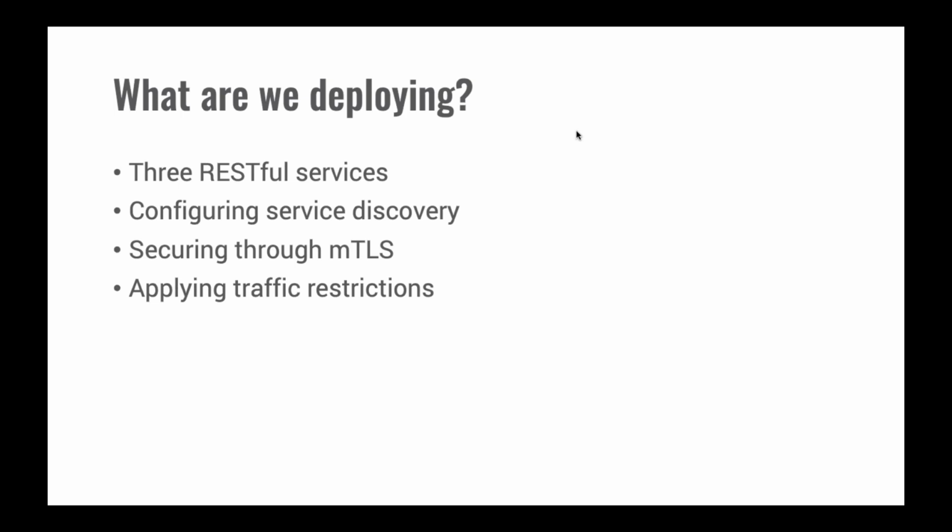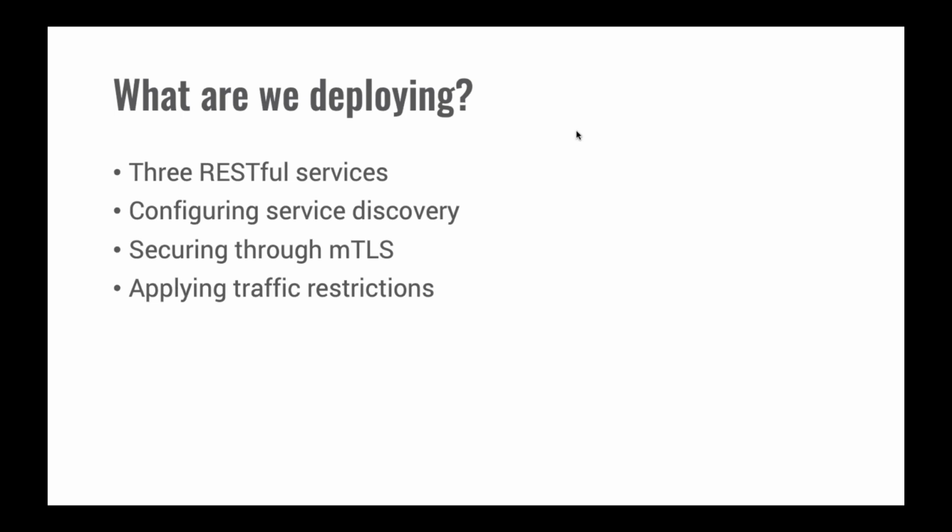We will use Consul's native service discovery to publish endpoints that are more robust and more reliable than using the fragile traditional REST endpoints. Then we will go ahead and roll out the service mesh capabilities, and then we'll secure the communication through MTLS. And finally, I will show you how to apply traffic restrictions so that you can selectively route traffic to the services. You can either allow or deny.